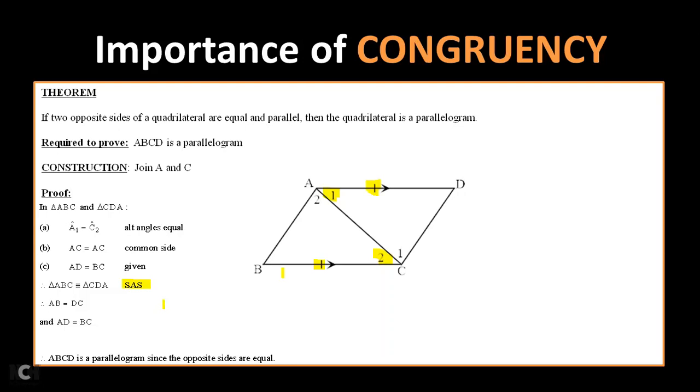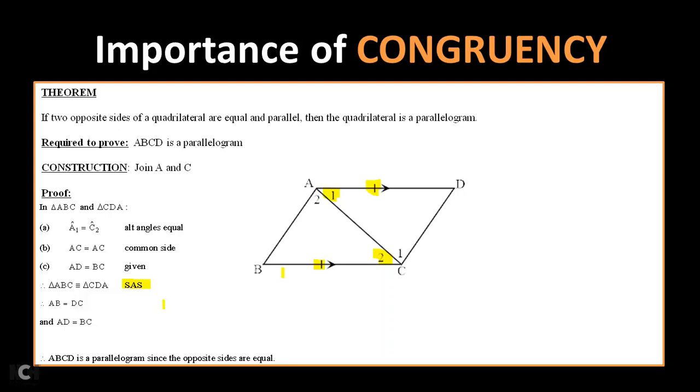So congruence will help us with a lot of things, especially when we are going to be learning the theorems. So you really need to know how to prove congruency, because congruency will play a big role, especially in the theorems that we'll be learning in grade 11.